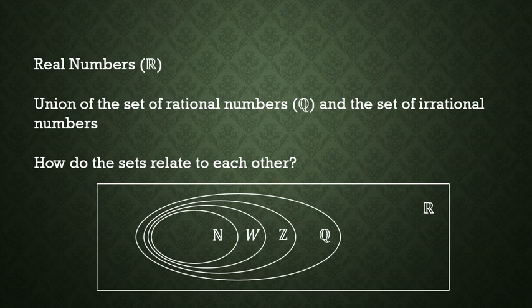Z, the set of integers, is a subset of Q. And then the rationals are a subset of the set of real numbers. So, not that it's the most crucial thing to know in the world for this course, but I just want to at least have you see how these various sets relate to each other.